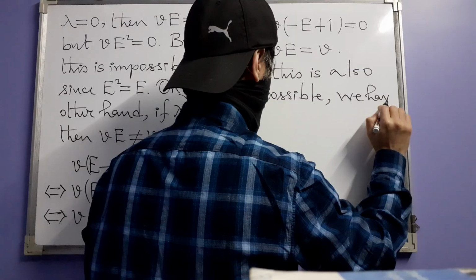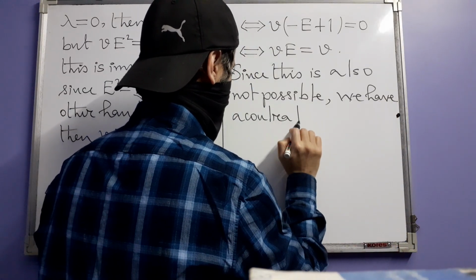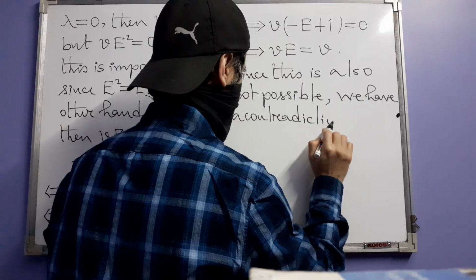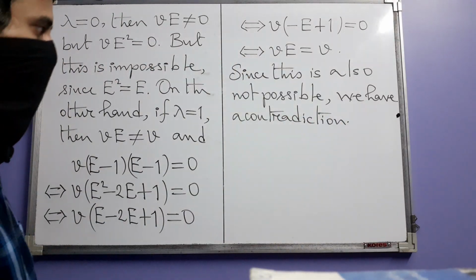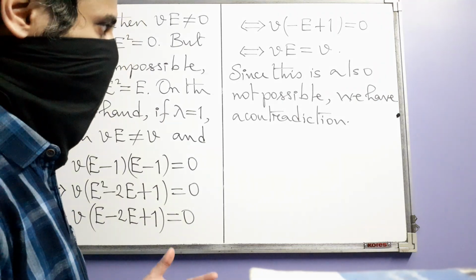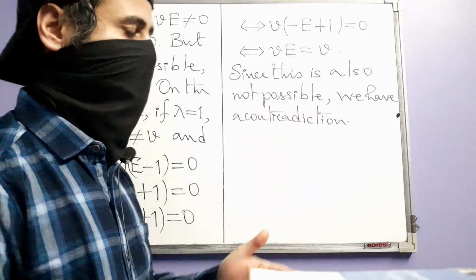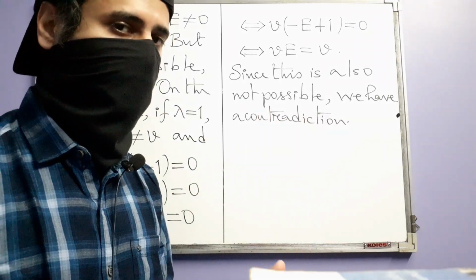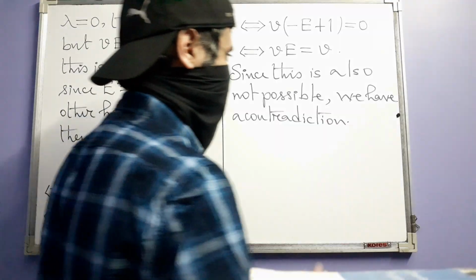We have a contradiction. And this contradiction arises because of what? What is the source of this contradiction? Namely, the assumption that V e minus lambda is not equal to 0. It's from there only things have come to this stage.